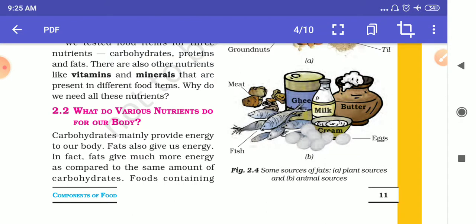We get fats from two sources, and these two sources are animals and plants.